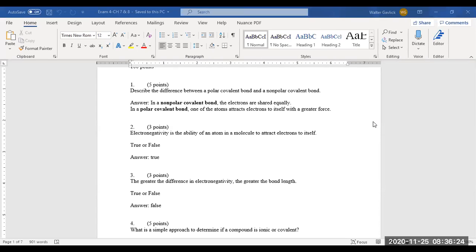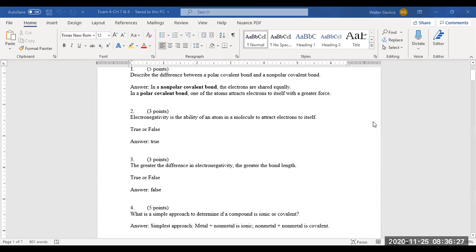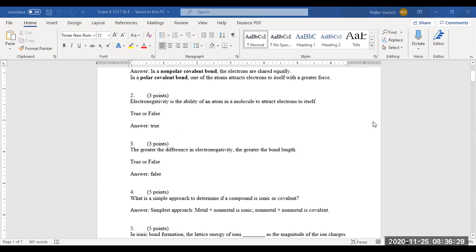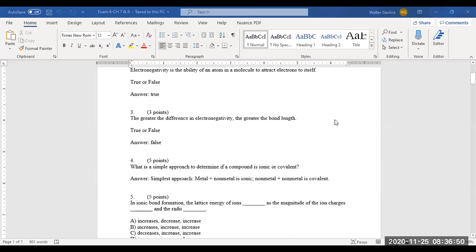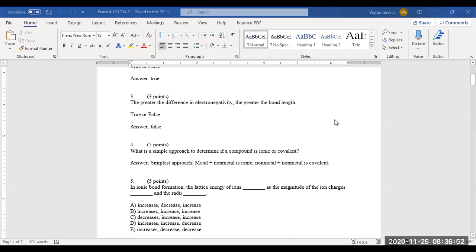So it's that uneven distribution of the electrons that is the difference. Number 2, electronegativity is the ability of an atom in a molecule to attract electrons to itself, and that is true. Number 3, the greater the difference in electronegativity, the greater the bond length. That was false.